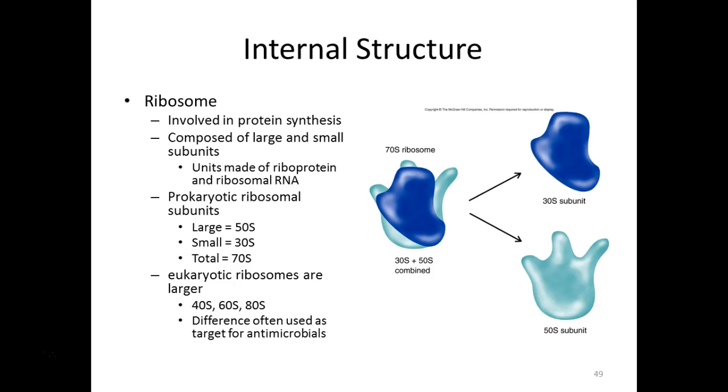So for prokaryotes, like bacteria and archaea, you've got a small piece and a large piece. And you can tell the number is small and the number is large. When they come together, the number is larger, but if you were in math class and you told your teacher that 30 plus 50 equals 70, she'd be like, no. Right?